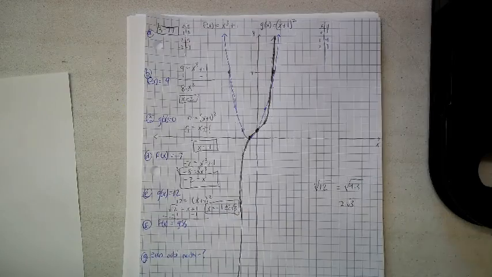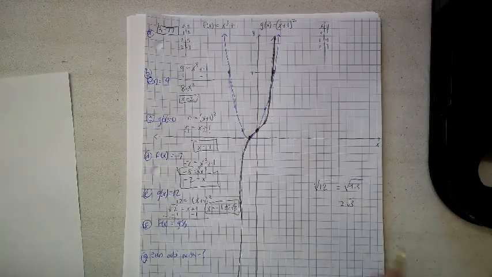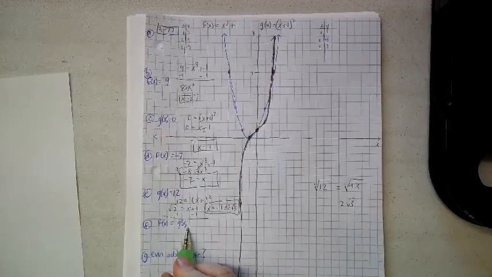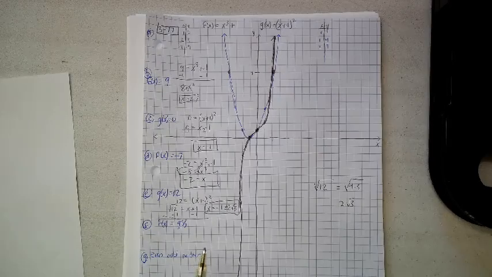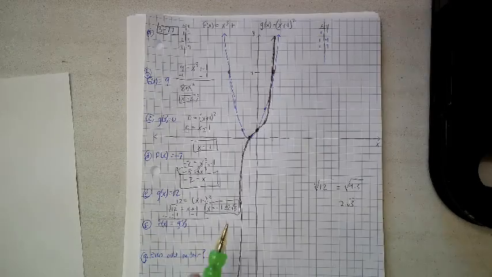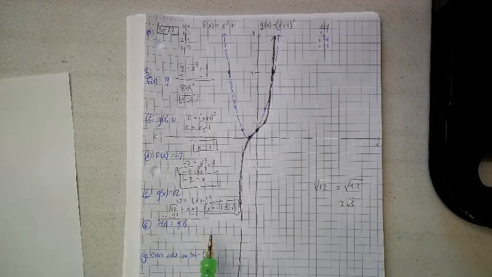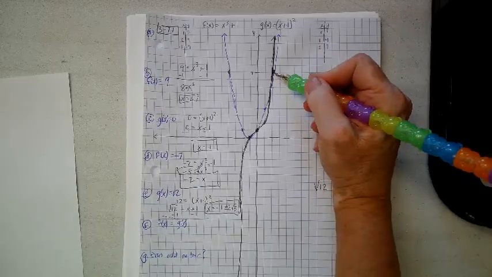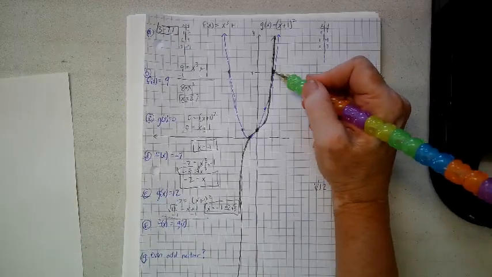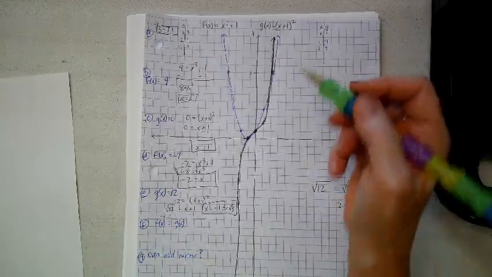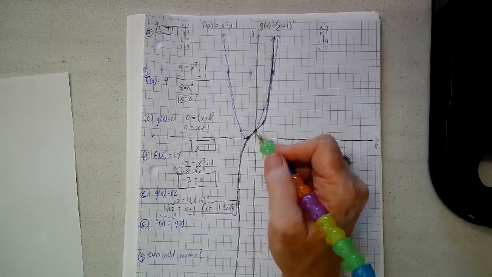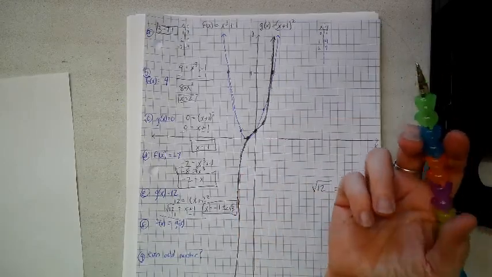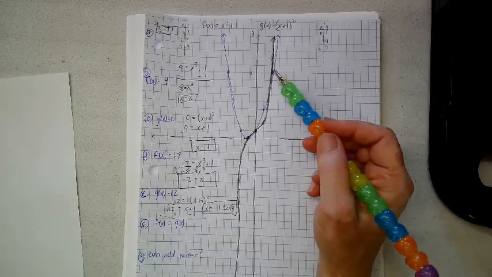Okay. So then f of x, when does f of x equal g of x? Well, it just says for how many values of x does f of x equal g of x? Kind of hard to tell on my graph. I think they cross at 9. And then I think they cross here and here. So honestly, you could just get out Desmos and find out for sure how many times they cross.